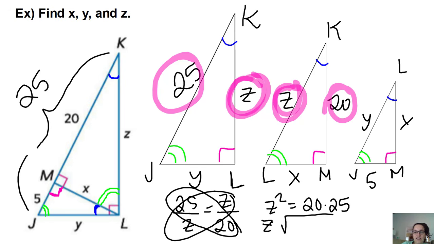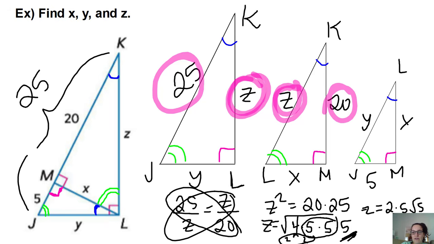So z is equal to, okay, 20 is 4 times 5, and 25 is 5 times 5, and 4 is 2 and 2. So I got a pair of 2s, and I got a pair of 5s, and then I have this 5 left over. So when I simplify that, I'm going to pull out a 2, pull out a 5, and keep that last 5 inside the square root, and so z is equal to 10 square root of 5.